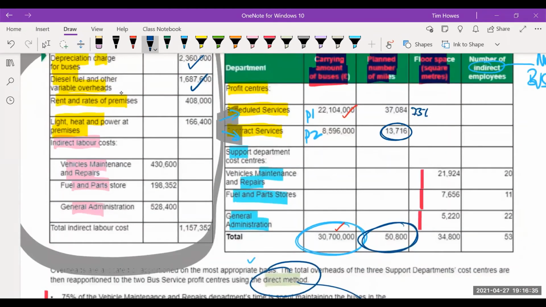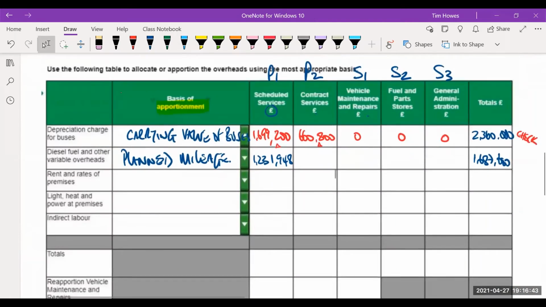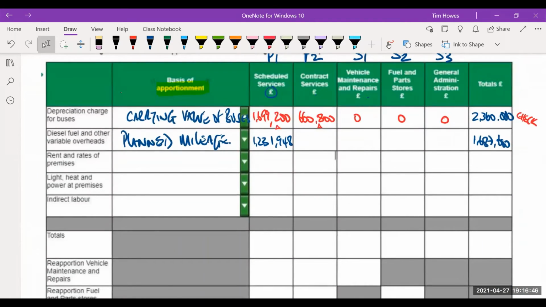So 13,716 out of the 50,800, that proportion relates to the contract services. And again, I'm seeing a figure of 455,652. I can concur with that. That is the right number. Independently calculate them. Check it to the total. Don't move on until you're there. Make sure you've got that right. I'll put some zeros here.